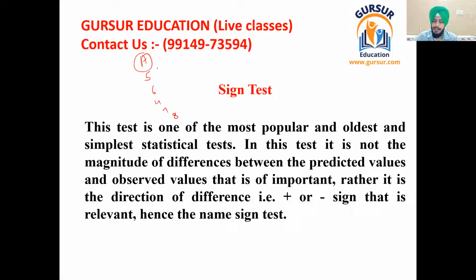You make the sign on the basis of the previous figure. 6 is greater than 5, so here should be the sign of plus. Then 4 is lesser than 6, so there should be the sign of minus. 7 is greater than 4, here should be plus. 8 is greater than 7, here should be plus. The test which is applied on these signs is known as a sign test, and this is a non-parametric test.